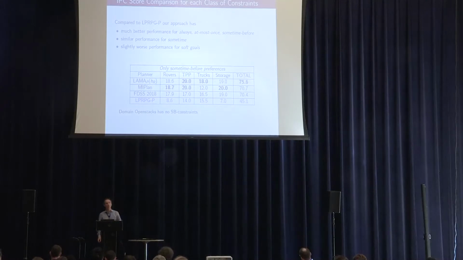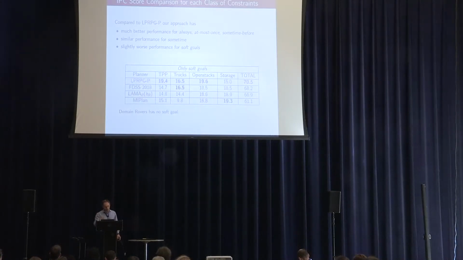If we see the total column, the IPC scores, the higher the better, for LAMA it is 75.6, and for RPGP it is only 45. For the soft goals, LP-RPGP works slightly better. This is the only class of constraints where the compilation is not yet as good as LP-RPGP.